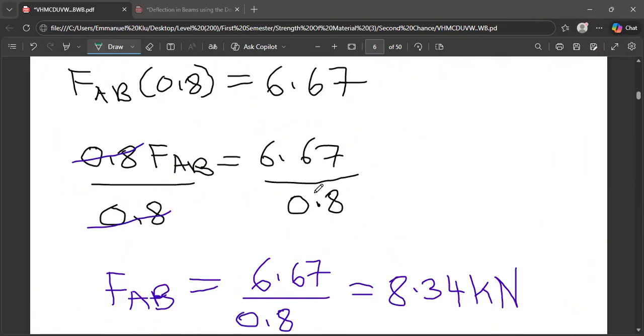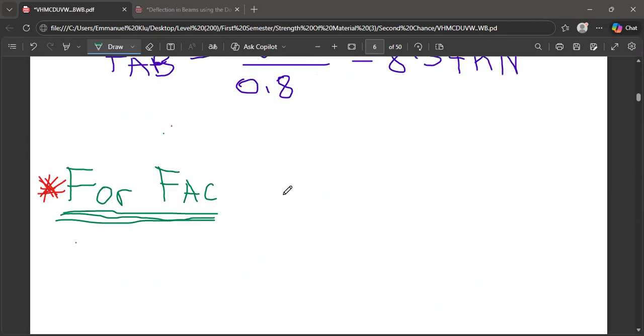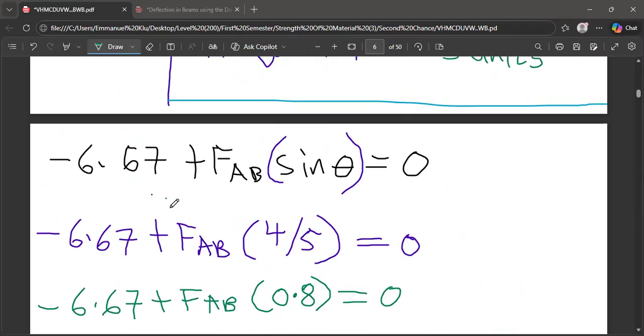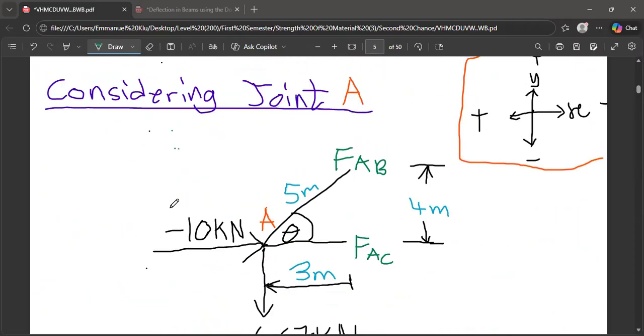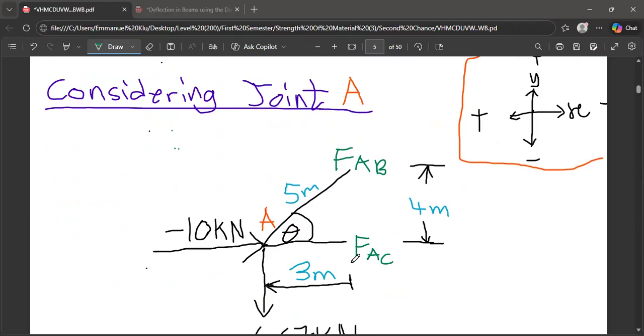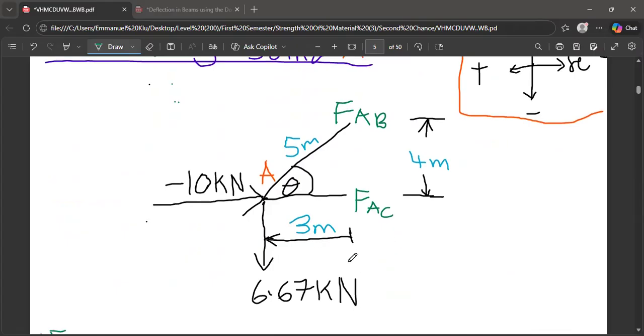So for the FAC, how do we go about it? It's the same thing. Look at our problem over here. You see the problem we are having. Who are those moving in the x-axis? Negative 10 is moving in the x-axis.